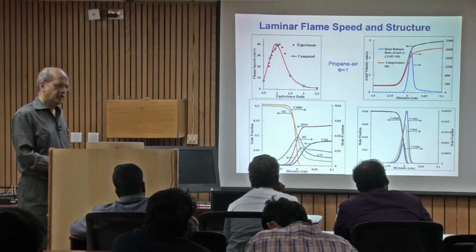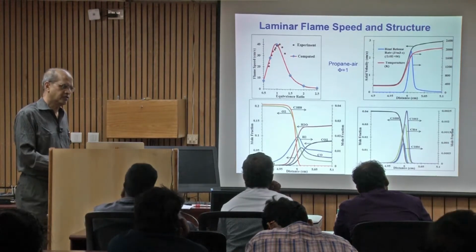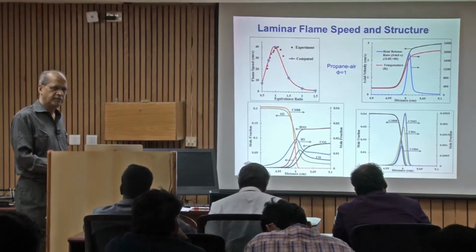Here we use the detailed mechanism reported by people at the University of Southern California. If you are interested in propane flames, this mechanism will work for methane, propane, and also syngas, up to C3 species.